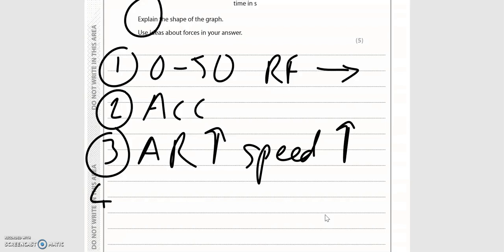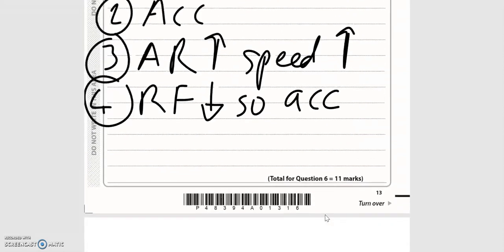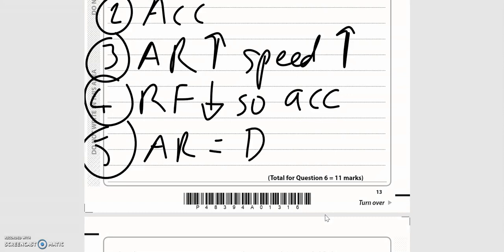4th possible mark is that linking this in, so if your air resistance is increasing, your resultant force is going to decrease, so your acceleration decreases. And you can see that from the graph because the gradient gets less steep. 5th possible mark is eventually your air resistance is going to equal your engine force, your driving force, and so the forces will be balanced, and your resultant force will then equal 0.